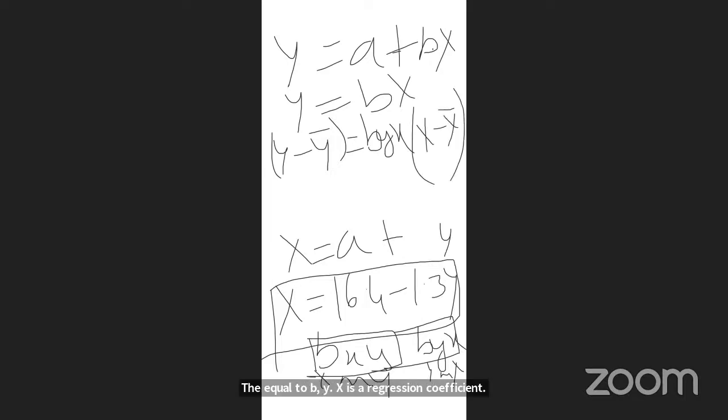This is the equation. This is how we will take it into account when the mean is calculated. So byx can be written like this, or it can be written as r into standard deviation of y divided by standard deviation of x, into x minus x bar. This is for the regression equation y on x.